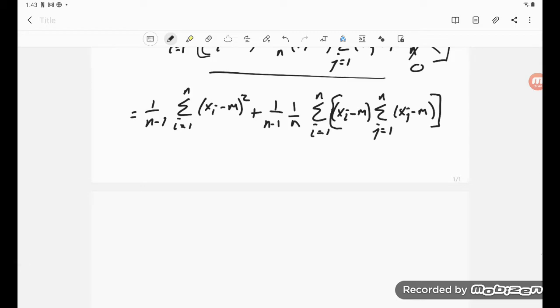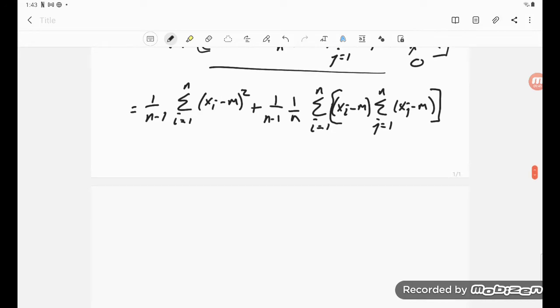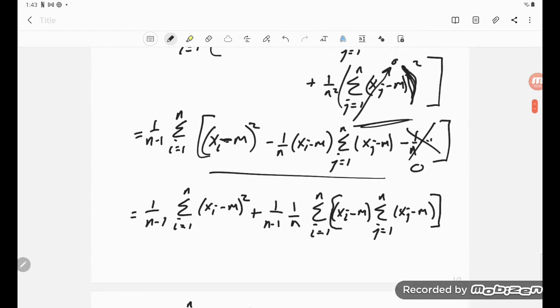They don't quite have that in the text yet. That's still missing. But then this is equal to 1 over n minus 1, the sum i equals 1 to n, xi minus m squared. And I guess I just realized I sort of glossed over that whole thing.